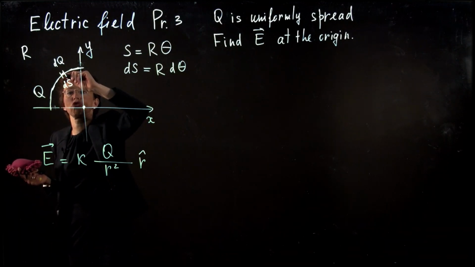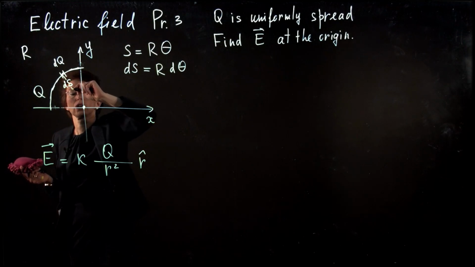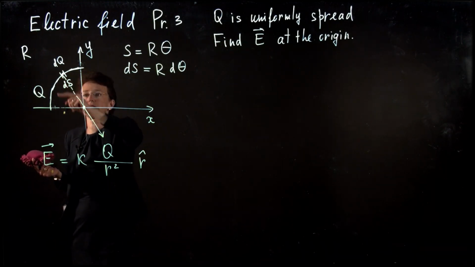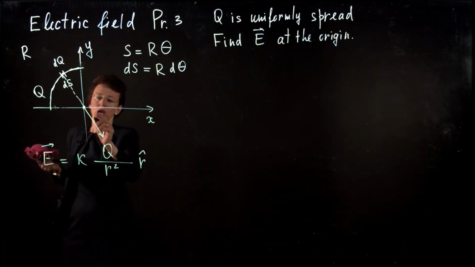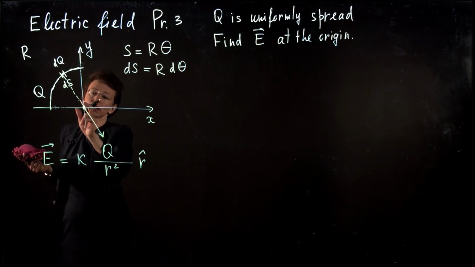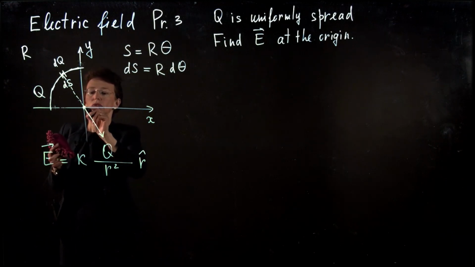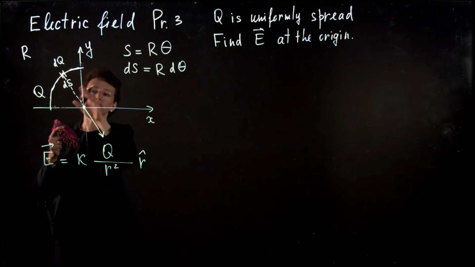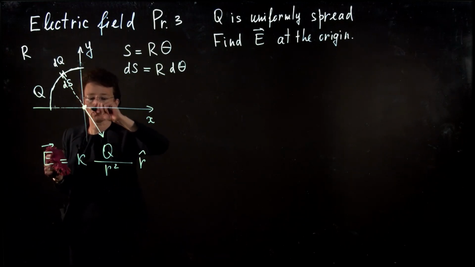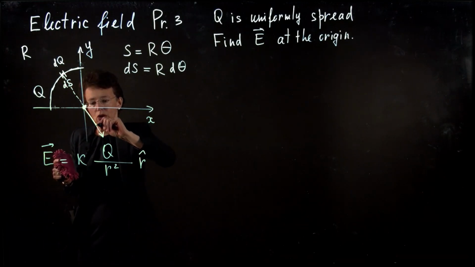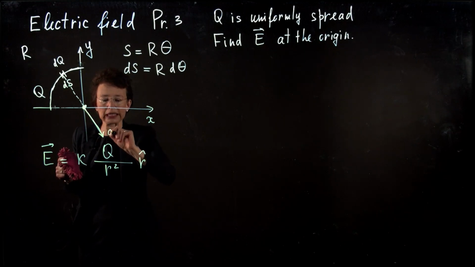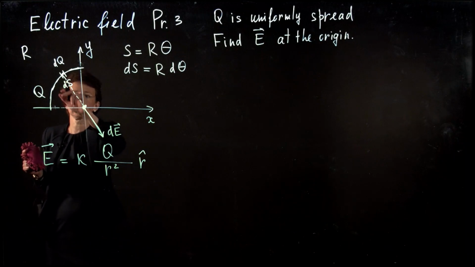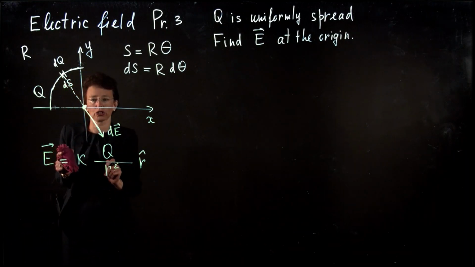So let's draw the electric field created by this point charge, by this infinitesimally small charge dq at the origin. This is the electric field. This is just a line that I try to draw to help me to find the electric field, and this is the electric field. We will call it dE, electric field created by infinitesimally small charge dq.